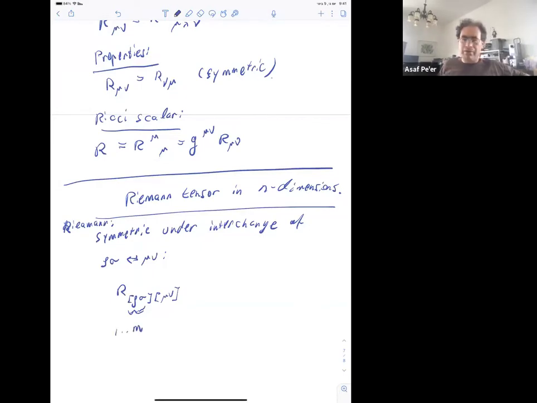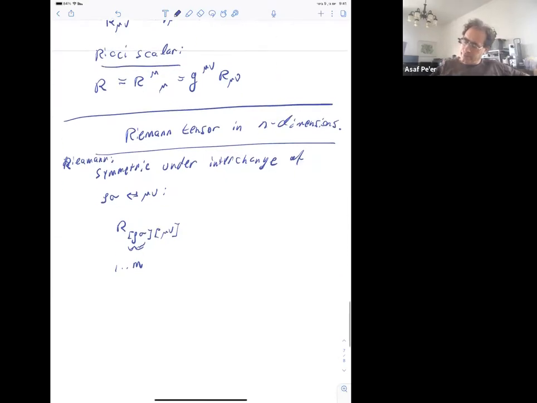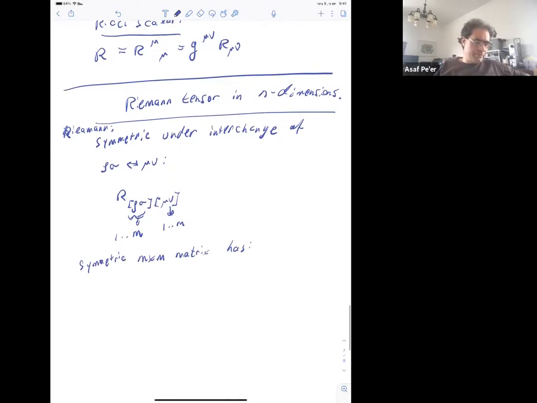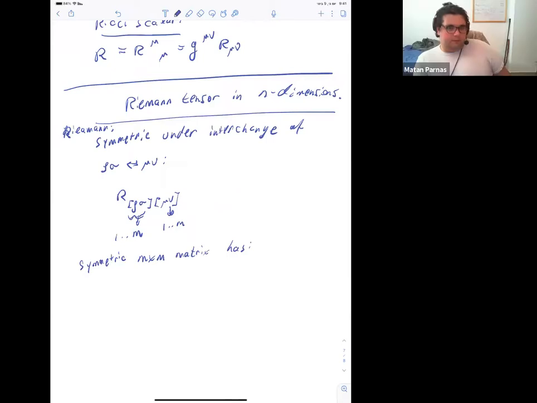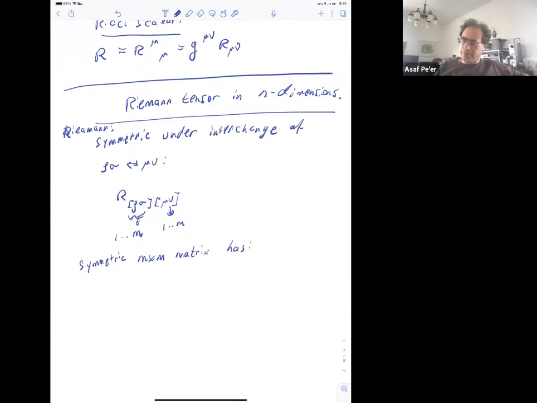So how many total independent components does a symmetric m by m matrix have? m times m minus 1 over 2, plus m, because we also have the diagonal and everything above or below the diagonal.